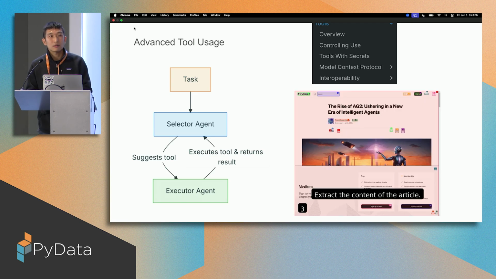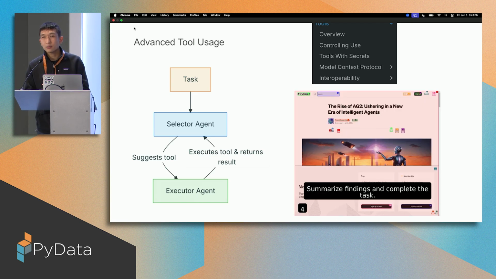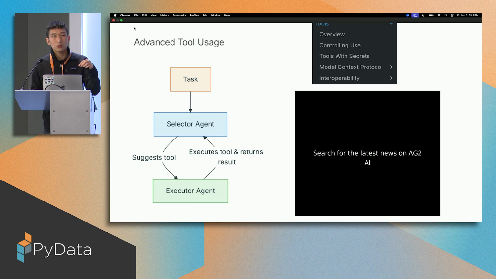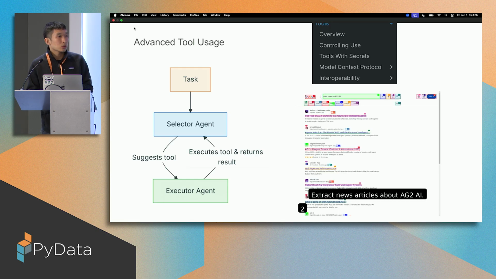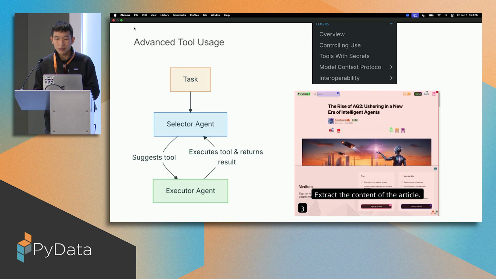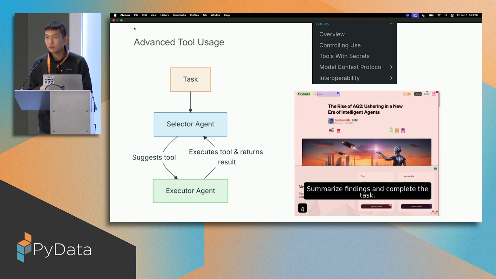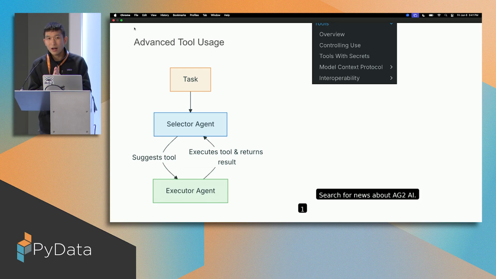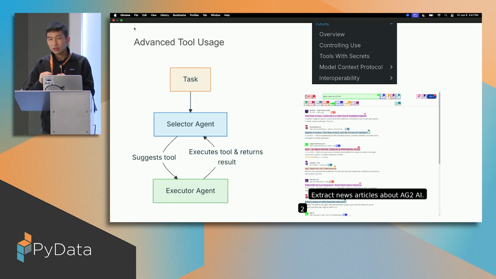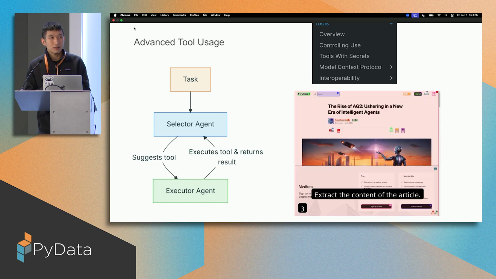In AG2, it's quite flexible. You can have one agent propose the tool use and have some other agent execute the tools, or even have more agents review the proposed tool and not execute it if it's not good enough. And you can have advanced patterns like allowing secrets to be used together with tools, but providing no secrets to the language models. You can hide certain dependencies from the language models, and so on.